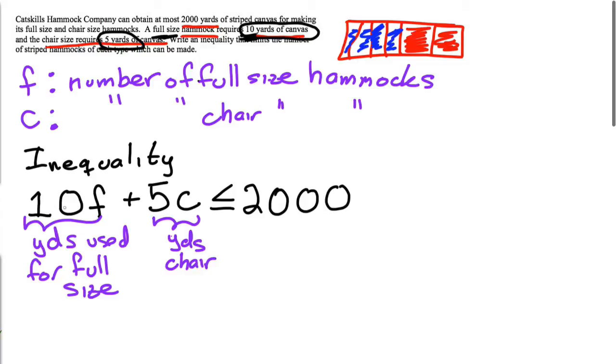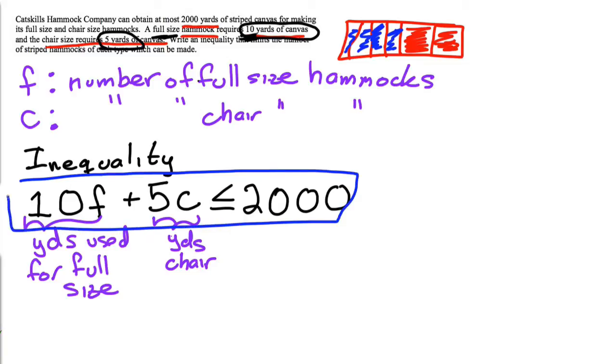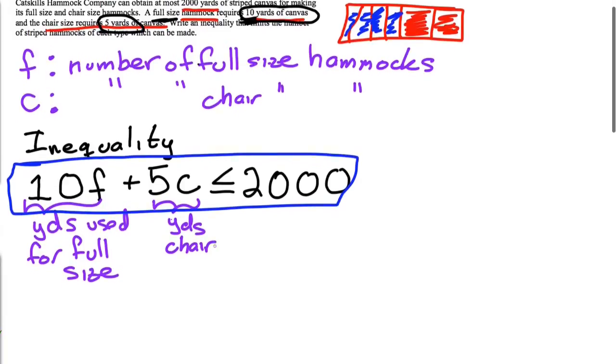The sum of those two has to be less than or equal to 2,000. Okay, so that is my inequality right there: 10F plus 5C is less than or equal to 2,000. Okay, now we need to graph this.